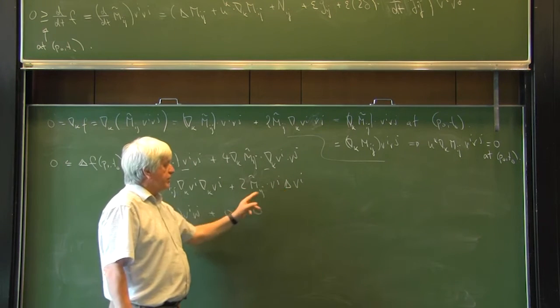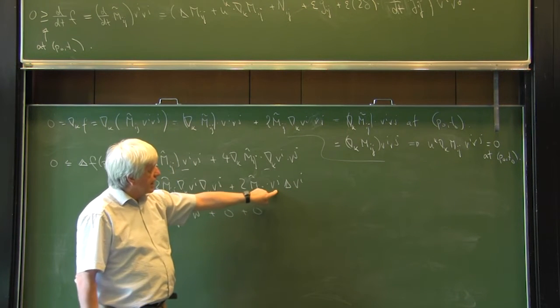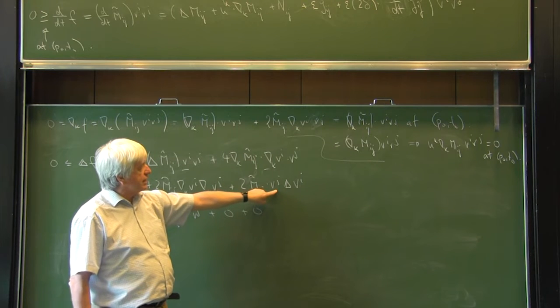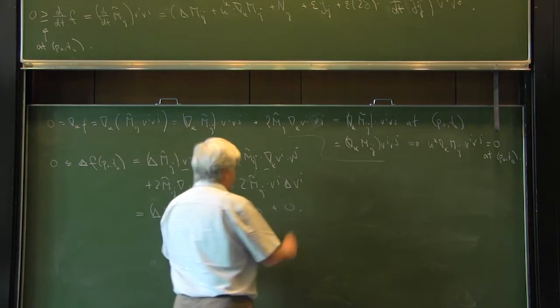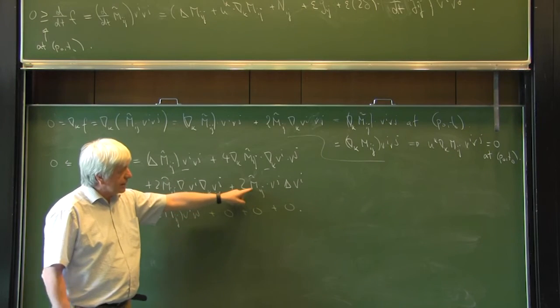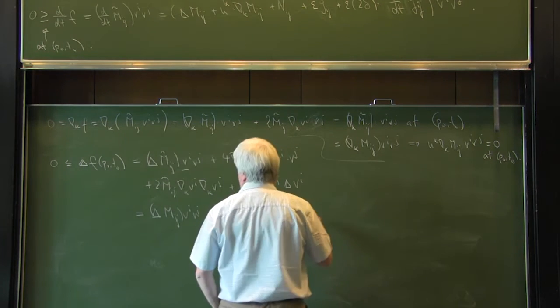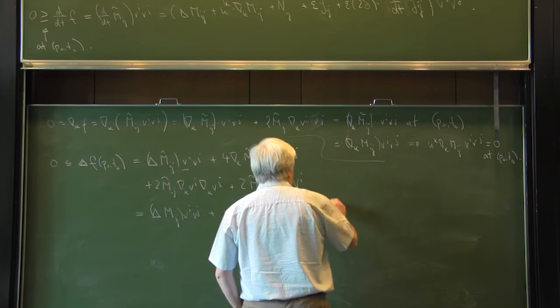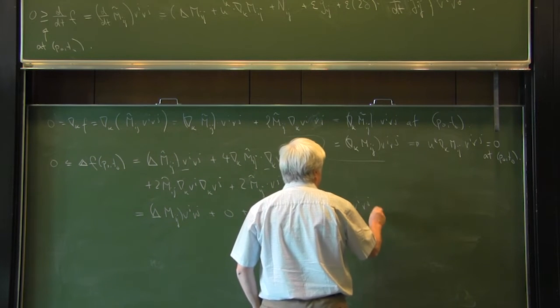Now in this term, we cannot argue that the Laplacian of vi is 0, but we know that vi is a zero eigenvalue of m tilde ij. So we get the last term to be zero because vi is a zero eigenvalue of mij. So we get the whole thing equal to the Laplacian of mij times vi vj.